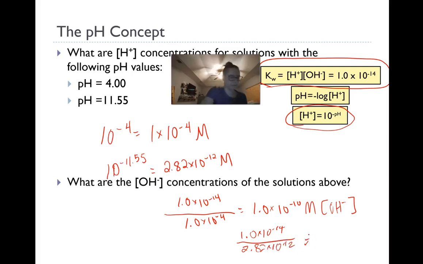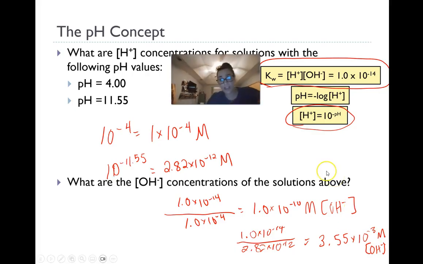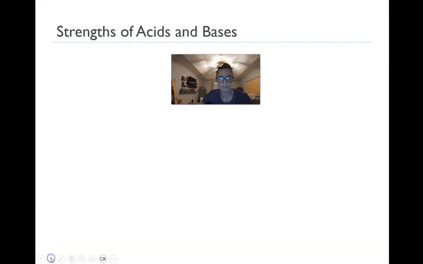So that equals 3.55 times 10 to the negative 3rd molar hydroxide. So there you go. So you can see definitely the one with the more acidic pH has a much smaller concentration of hydroxide, which makes sense. It has more hydrogen than hydroxide ions.